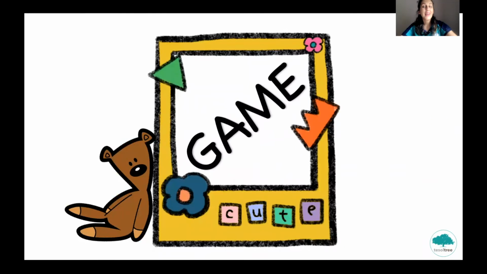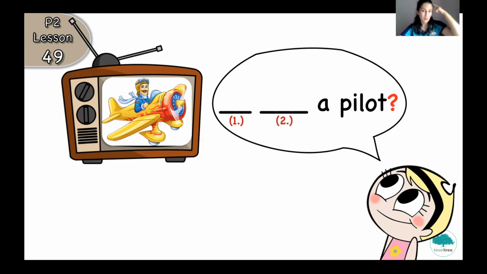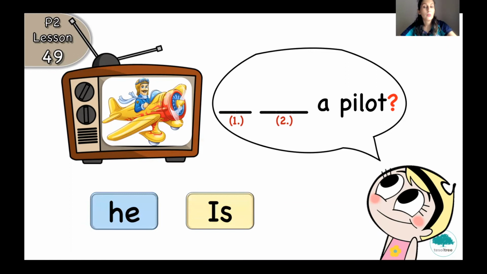Now let's play a game together to practice our questions. You have to look at the picture and you can see a pilot. Yes, and we have to make a question. So we have to think what is going to be the first word of the question and the second.